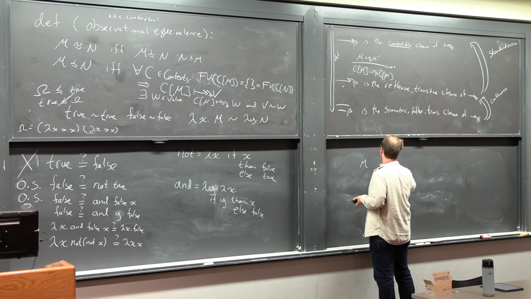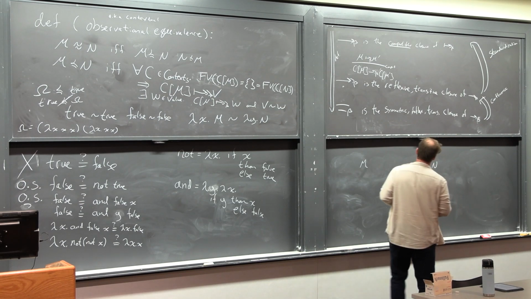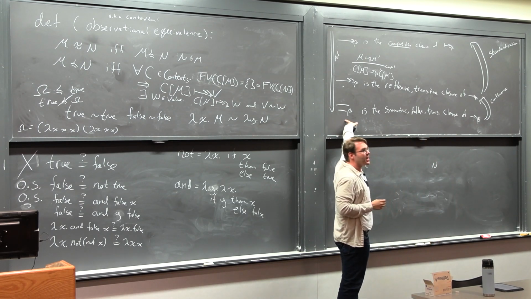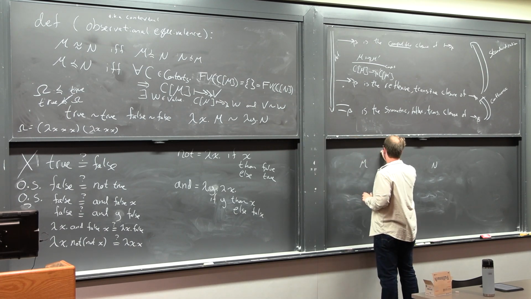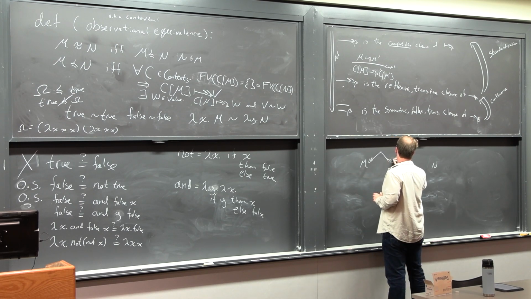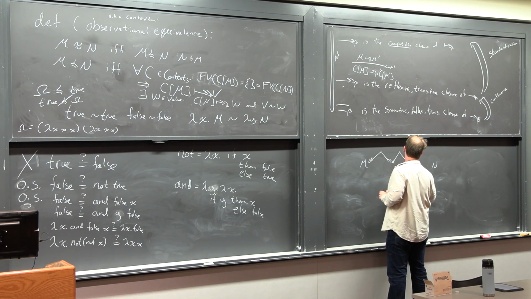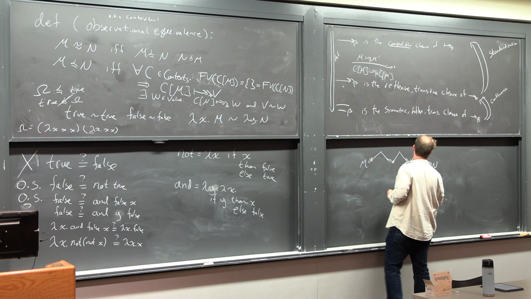I don't want to get too wild here. M and N. And they're equal by doing beta rewriting. And they're equal in this particular way. Right? So what do I mean?